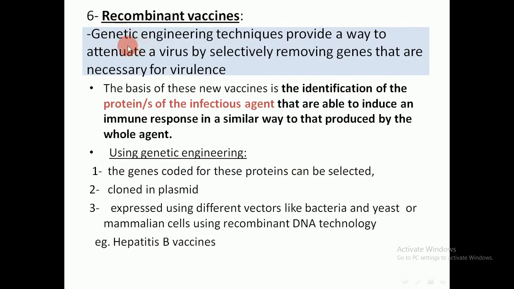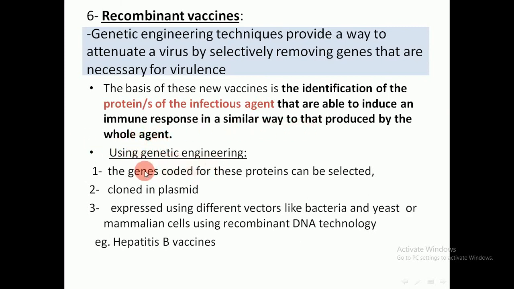Recombinant vaccine. Here we start to use genetic engineering techniques to provide a way to attenuate a virus by selectively removing genes that are necessary for virulence, and only selecting the genes that are responsible for antigenicity. The basis of these new vaccines is the identification of proteins of the infectious agents that are able to induce an immune response in a similar way to that produced by the whole agent.